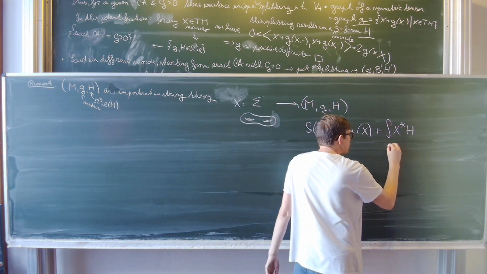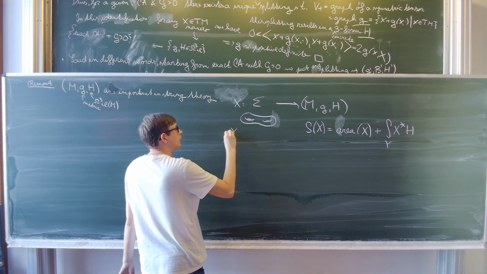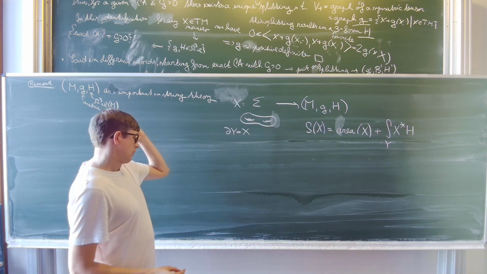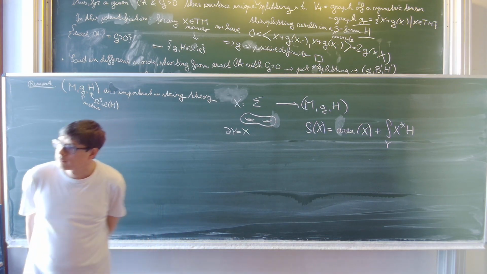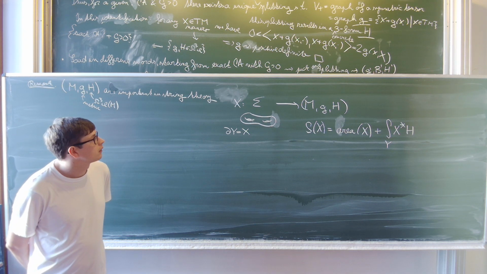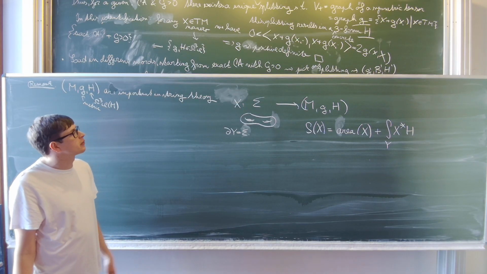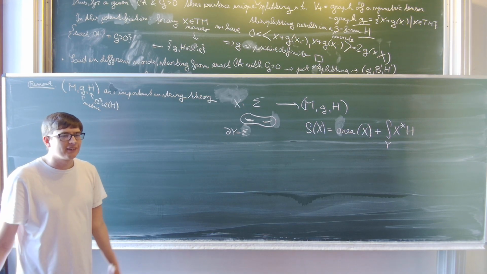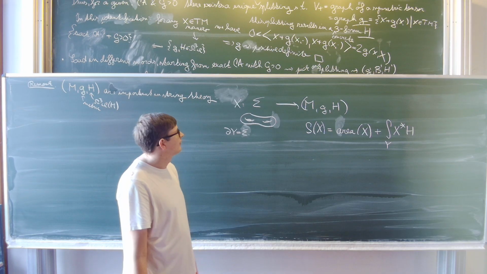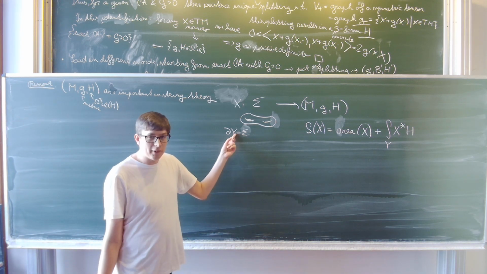So what you have to do is pick an auxiliary manifold, let's say upsilon, a 3-manifold whose boundary is sigma.